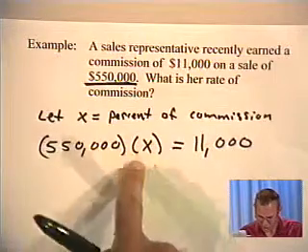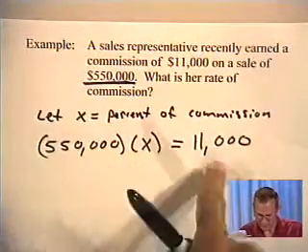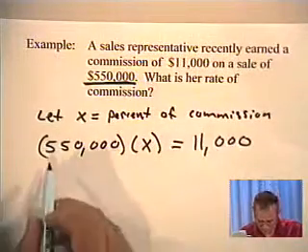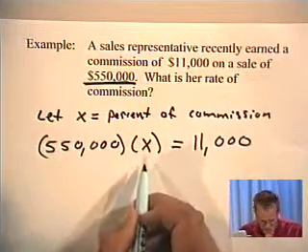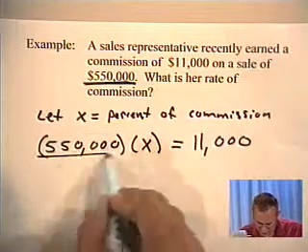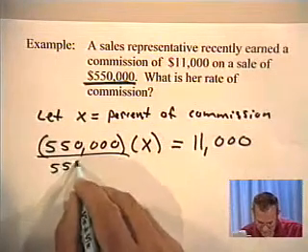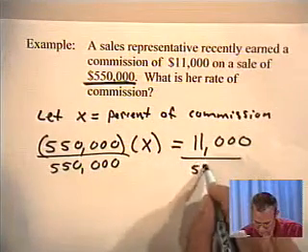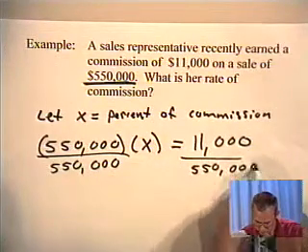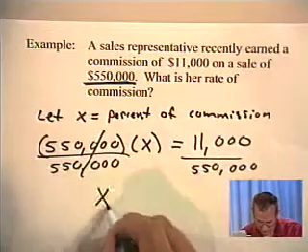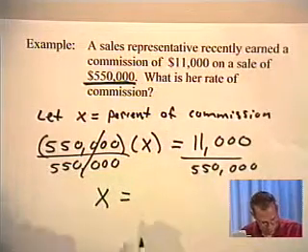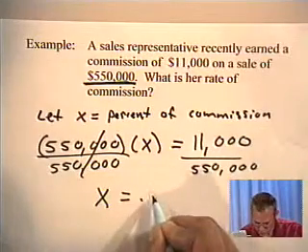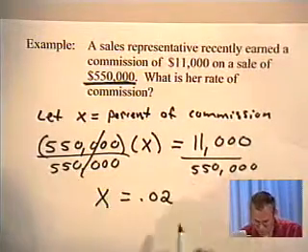Remember, when we solve a linear equation, this is in fact a linear equation because our variable is to the first power here. We simply have to get the X's by themselves. To do that, I'll divide both sides by 550,000. So I'm left with X is equal to, and if I was to divide this out, I would get 0.02 as my decimal.